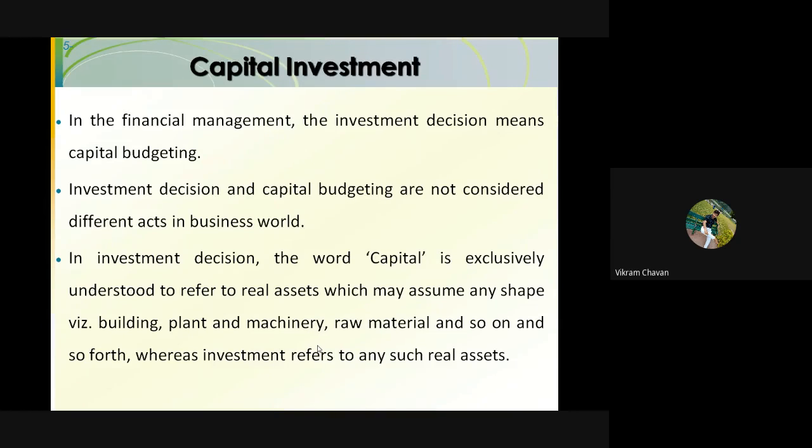Please discuss. If you have any question or no question, then please note down the point related to the capital investment.